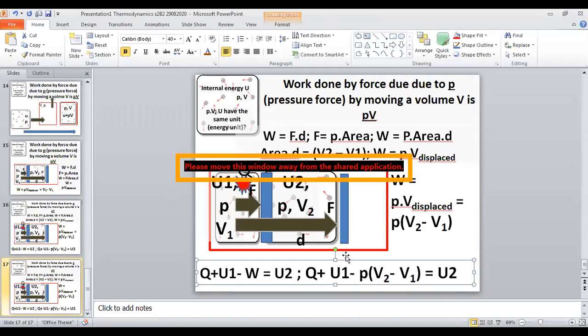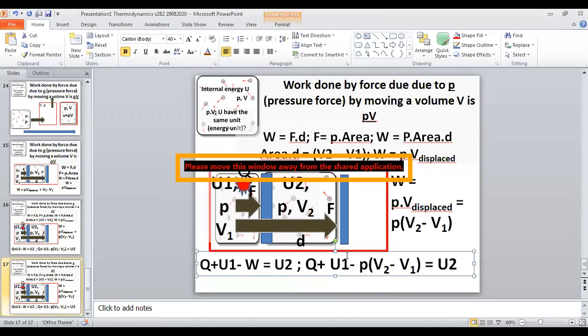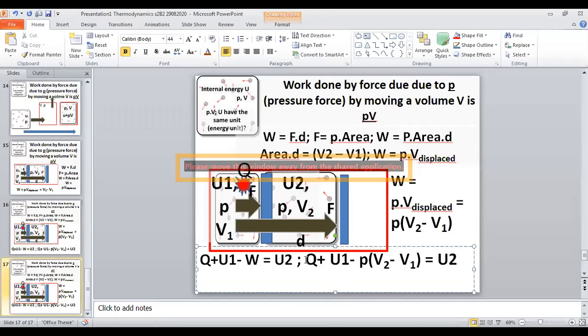From this, I move this part all to the other side.